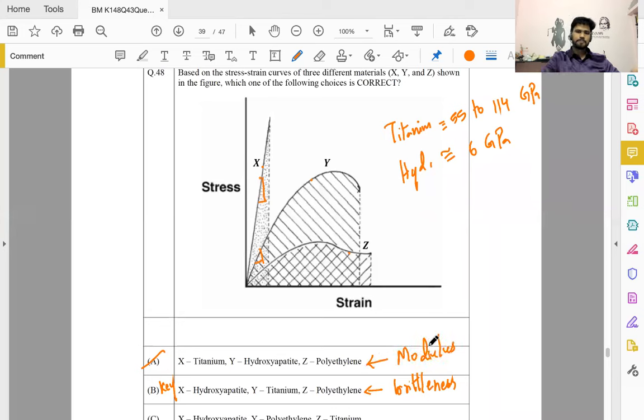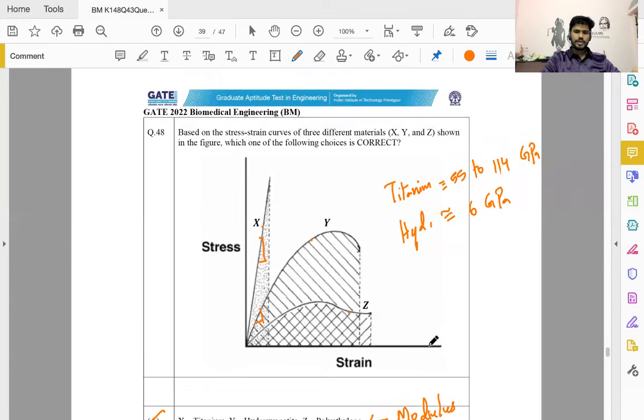Usually, if you take a book figure, they will be very careful about one detail. They'll put an X here, an X here, and an X here, and properly mention that X denotes failure point. Go take a book like Ozgay or Norton.